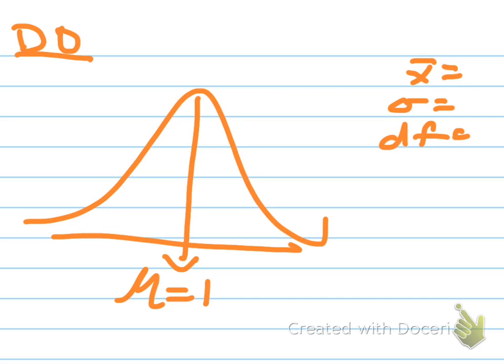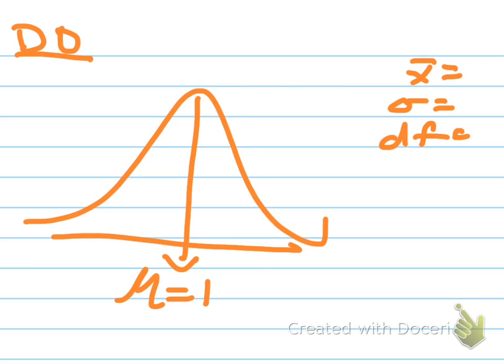The mu naught is whatever you set your null hypothesis to, and that's 1. The list is whatever list you have your data in. I have mine in list 1. The frequency stays the same. And then next is your alternative. How did you set your alternative? Our alternative is greater than mu naught. So I'm going to arrow over all the way to the right where it says greater than mu naught. And then I'm going to calculate.